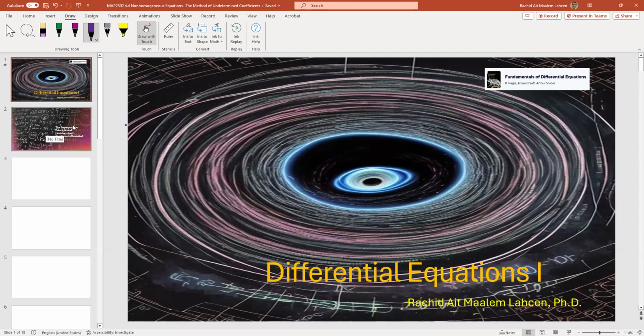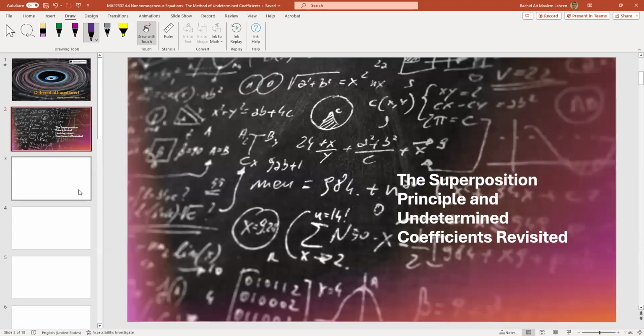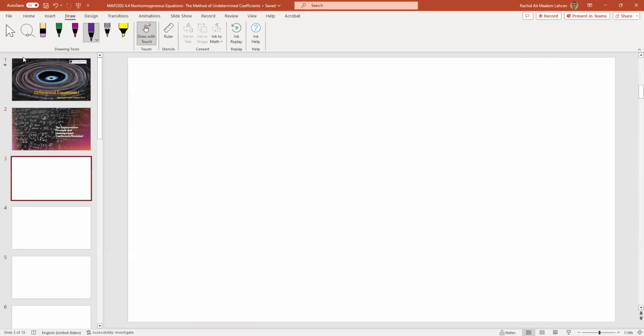The superposition principle is here. It's straightforward. It is a theorem.